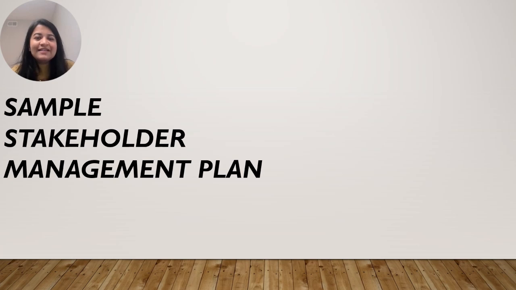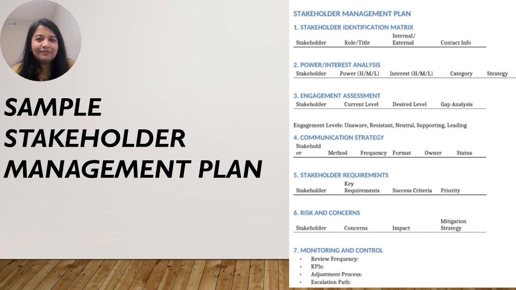Alright, so now let's have a final look at how a sample stakeholder management plan looks. As you can see on the screen, the stakeholder management plan contains the information about the identification metrics, the stakeholder assessments that have been done in regards to identifying their interests, their power, their roles, and many other details.